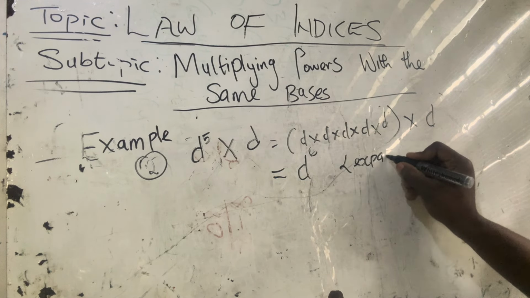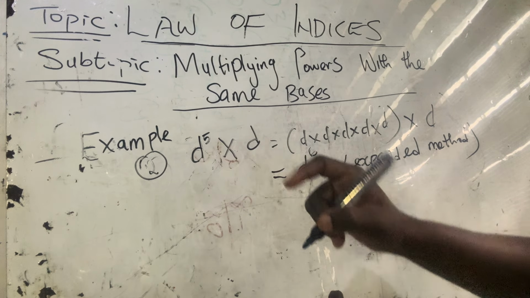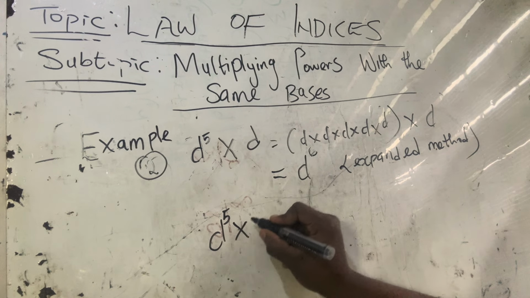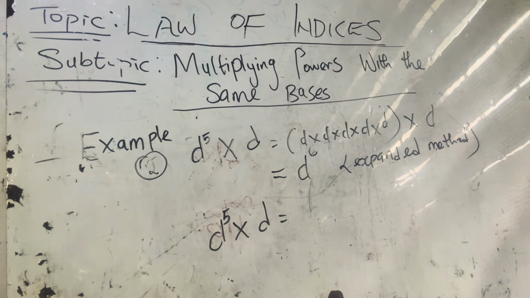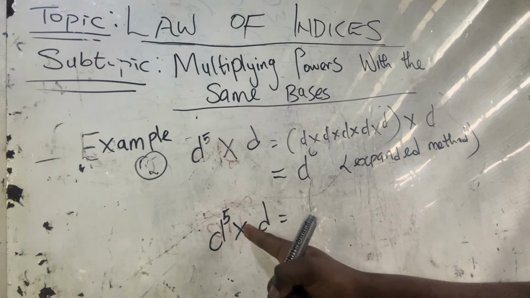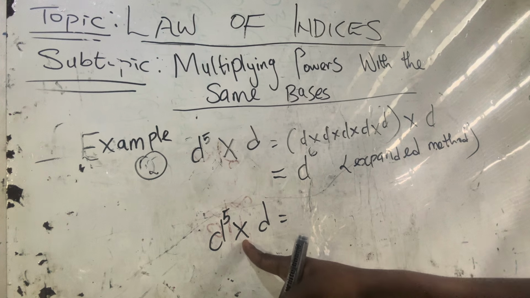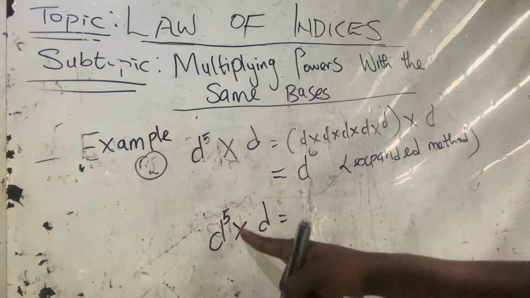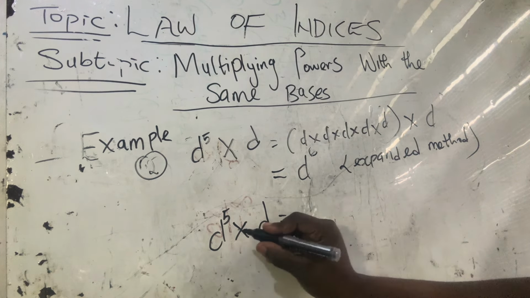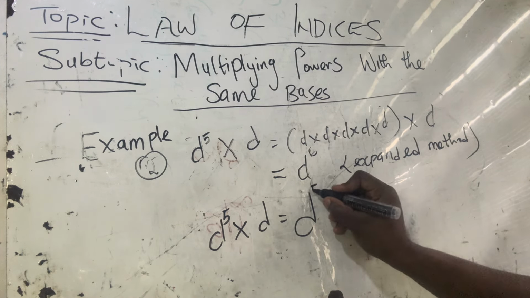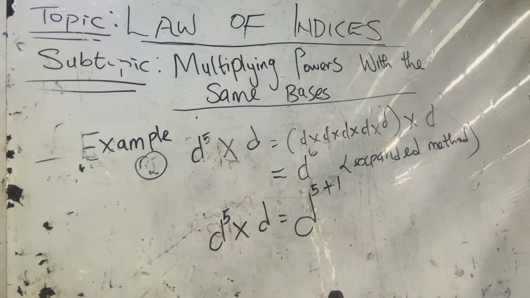Now, I can still use this question to solve the short method. Having d raised to power 5 multiplied by d equals, don't forget, I told you that this multiplication sign under law of indices means addition. It means the powers will be added by writing out the base, which is d raised to power 5 plus 1.